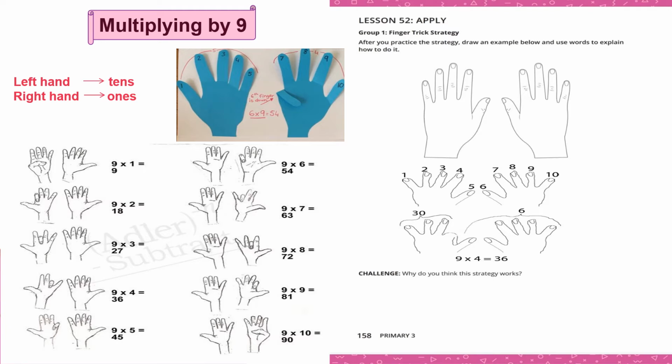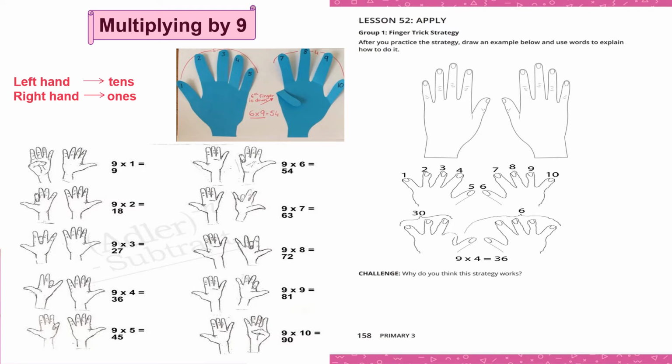How many fingers on the left side? Yes, 1, 2, 3. So I have 3 fingers on the left side. It means 3 tens, or 30.